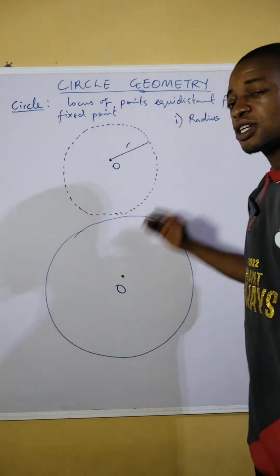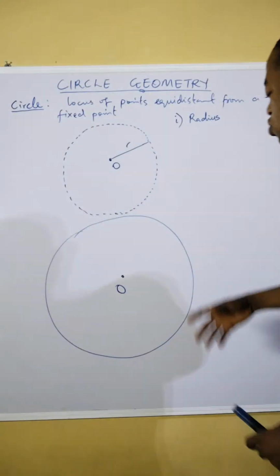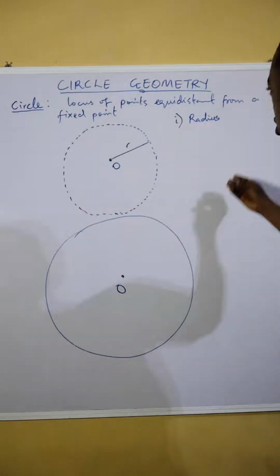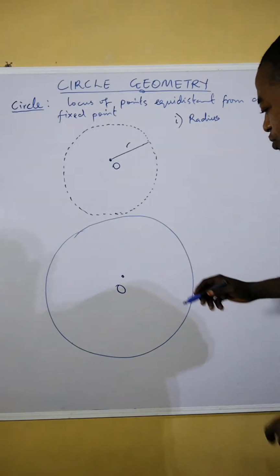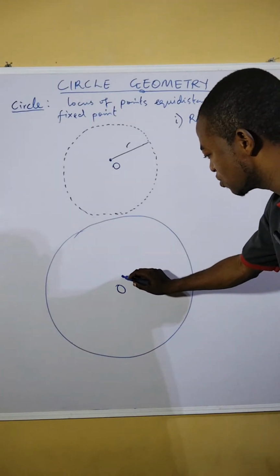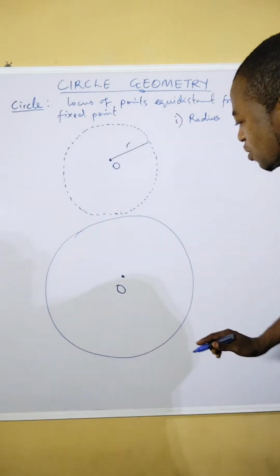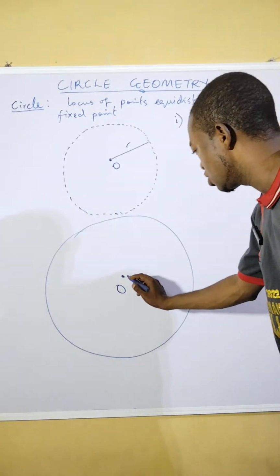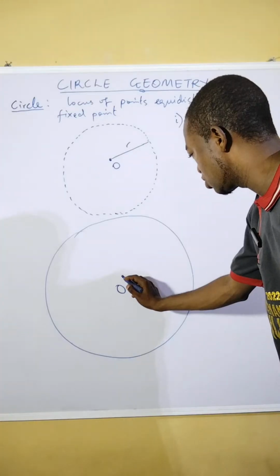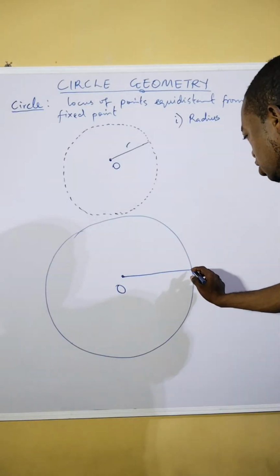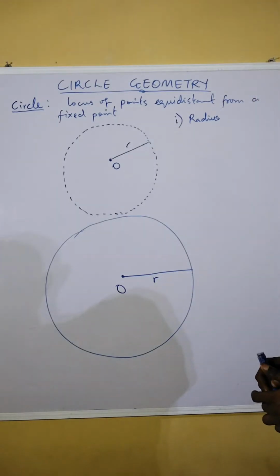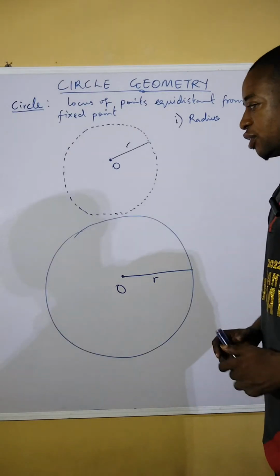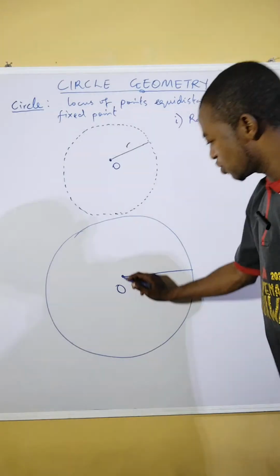Before we can start solving problems on circle geometry, we need to understand some parts of the circle. Number one, radius. The radius is a line that is drawn from the center of the circle to any part of the circumference. So this line drawn is a radius. It might be in any direction. You might draw it this way or that way.